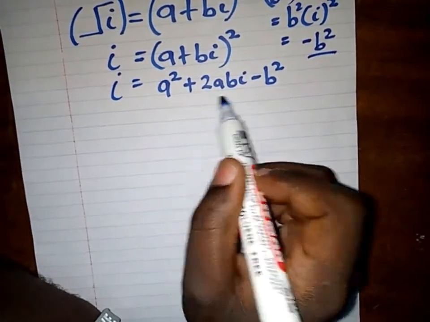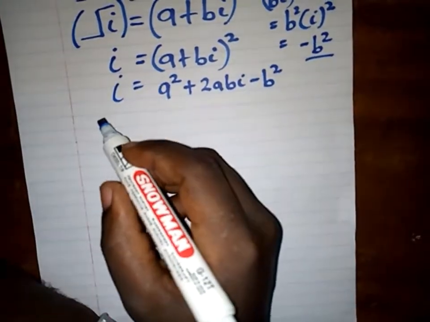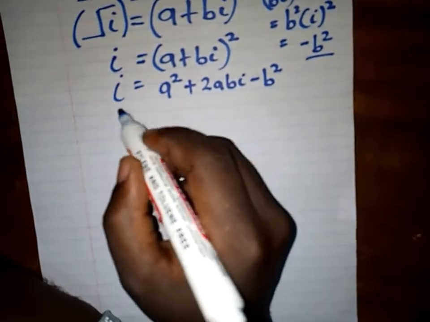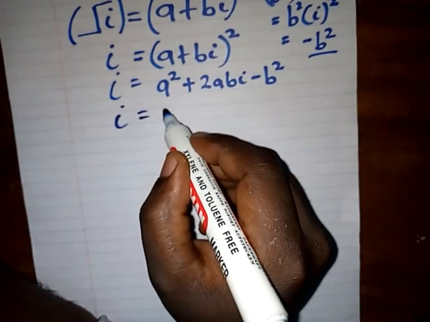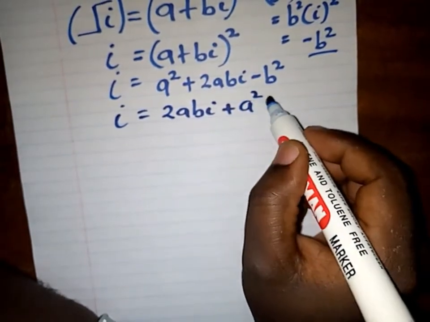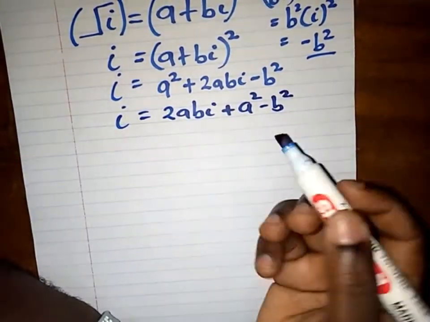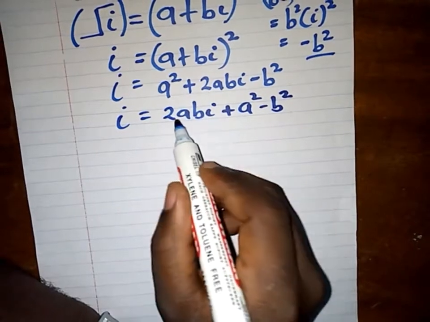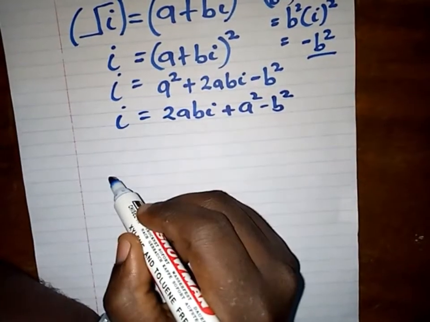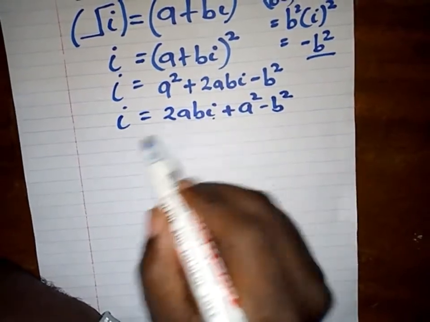So from here we can collect like terms. This side we have i, so you can say i is equal to 2abi plus a squared minus b squared. This side is this number with an i, and this side is an i, so equate those with i together.